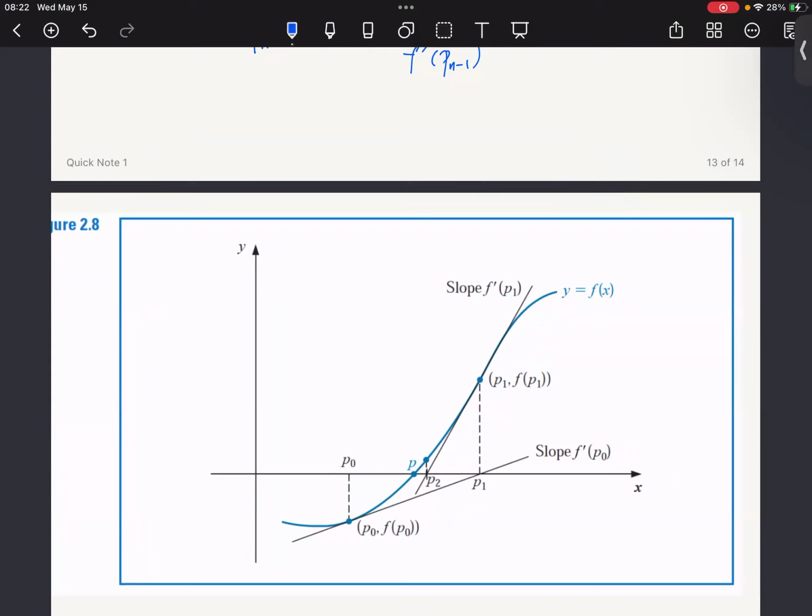And this is the function f equals f(x). And we are going to start from here. This is our initial guess.